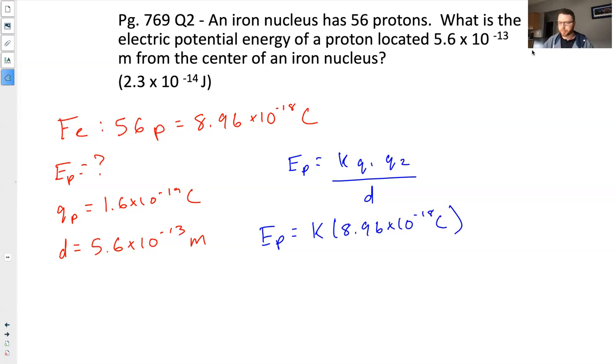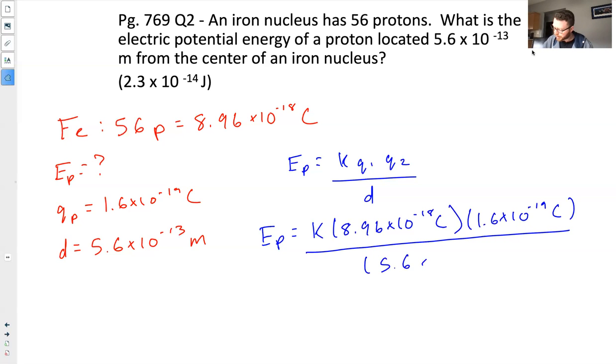Q2 can be our proton, 1.6 times 10 to the negative 19 coulombs. And our distance is 5.6 times 10 to the negative 13 meters. We'll punch these into our calculator, and rounded with sig digs, we get a value of 2.3 times 10 to the negative 14 joules.